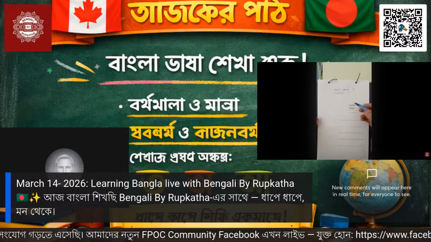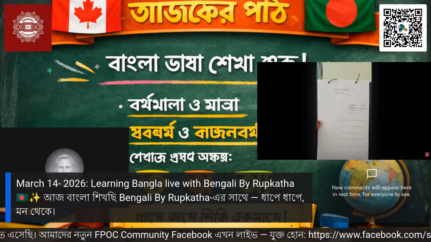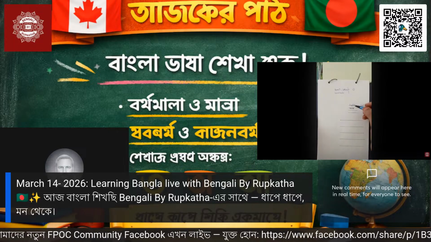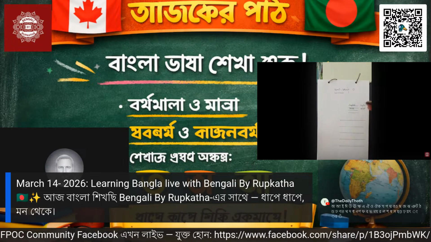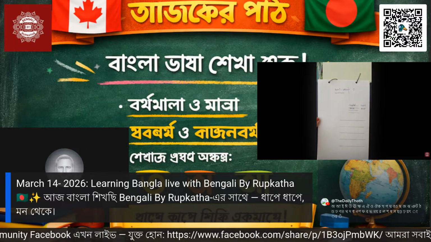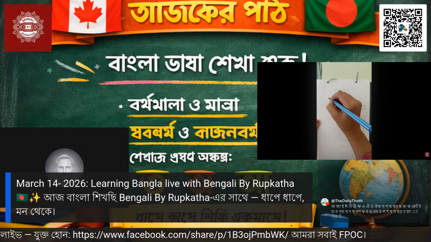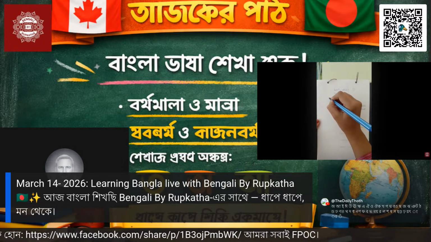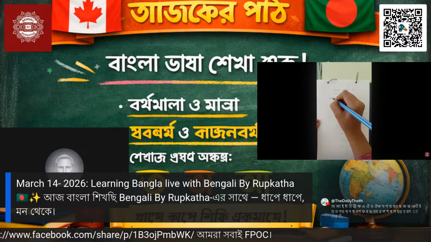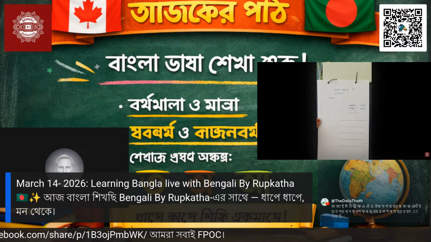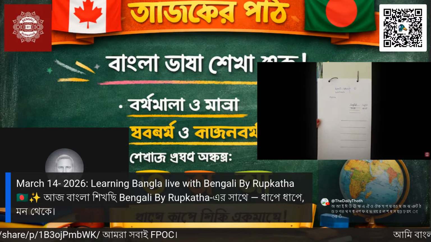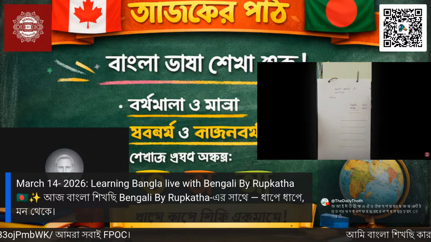So let's see, what is this line called? This line that anchors all the letters down, that the letters hang down from, is called matra. Matra. Hope it's visible. Is it? Okay. Matra.